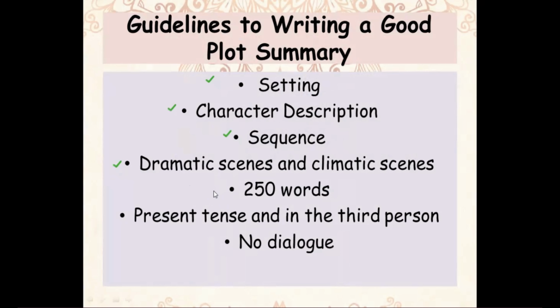And then 250 words or less, as much as possible, must be used in writing your synopsis. Now, present tense and third person must be used when writing the synopsis. And finally, there must be no dialogue in the story. Those are the guidelines to writing a good plot summary.